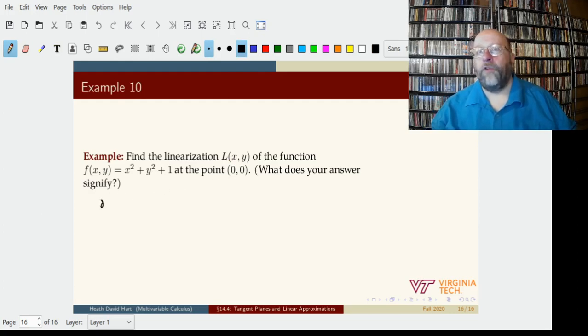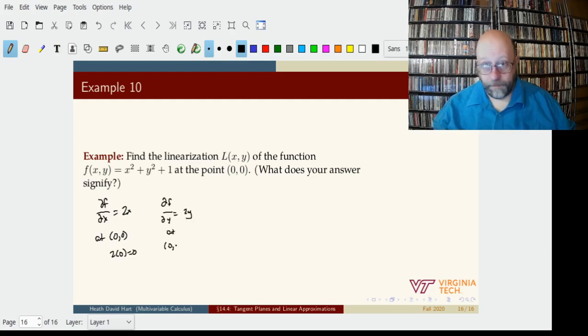So the partial derivative of the function with respect to x is 2x, and at the point 0, 0, that's just equal to 0. 2 times 0 equals 0. The partial derivative of the function with respect to y is 2y, and at the origin, 2 times 0 is also equal to 0.